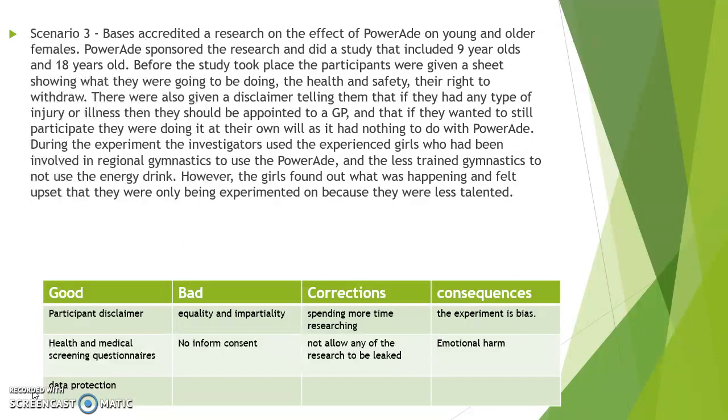Therefore, as an improvement, they should be more understanding, and they should not allow any of this research to be released. This could result in emotional harm and even physical harm, depending on who finds out about this information.